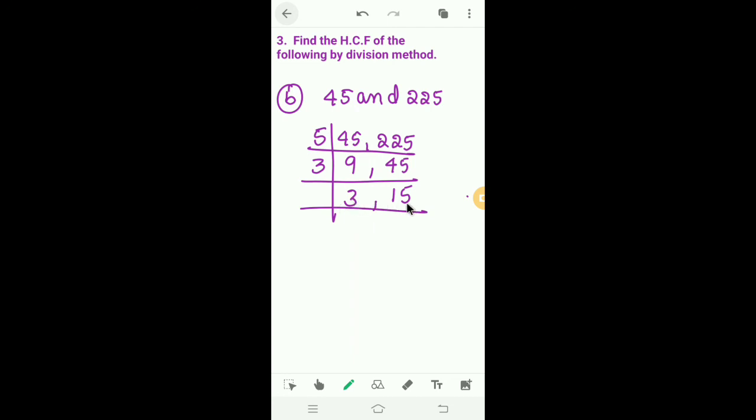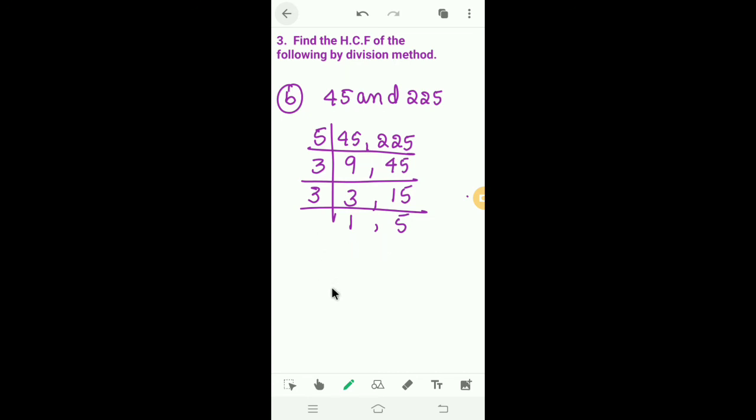Between 3 and 15, again 3 is a common factor. 3 1s are 3. 3 5s are 15. We get 1 and 5 respectively as quotients. Since there are no common factors to divide 1 and 5, we will stop here.